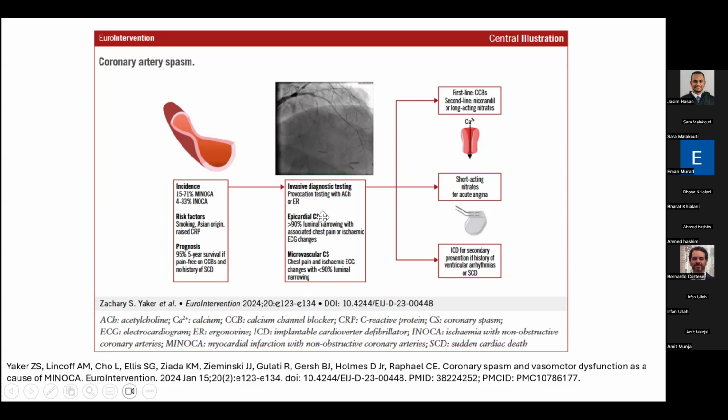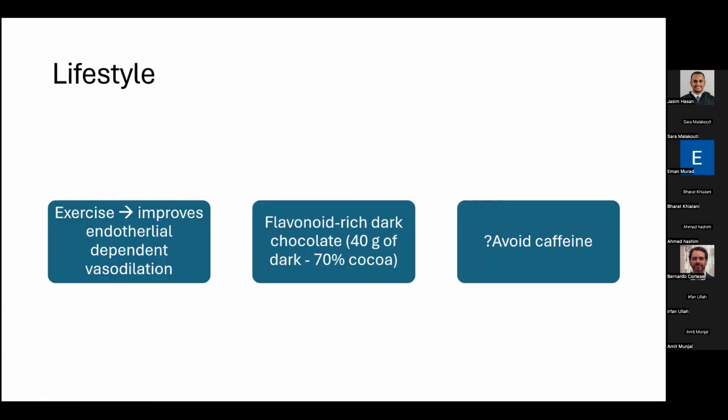Yeah, so that's just a reference for the attendees if they want to go back to lifestyle and exercise. There are some data that exercise improves endothelial-dependent vasodilation. These are small studies that we can't count on, but it's interesting to know that flavonoid-rich dark chocolate, specifically 40 grams of dark chocolate, 70% cocoa, had some vasodilatory effect.